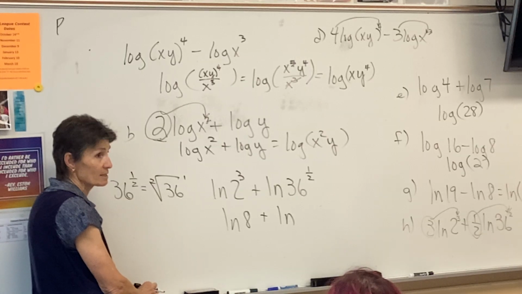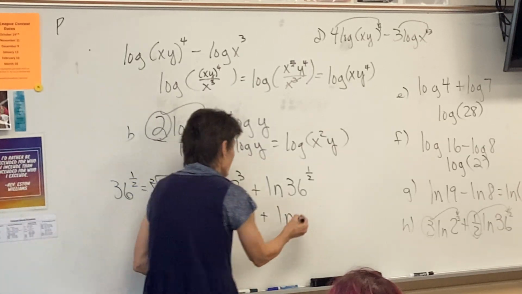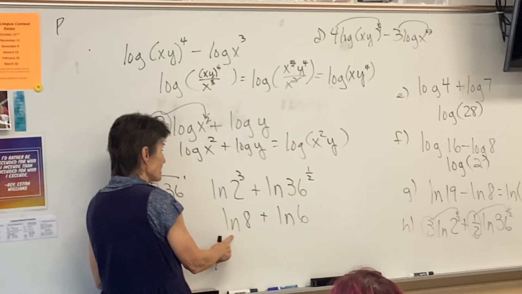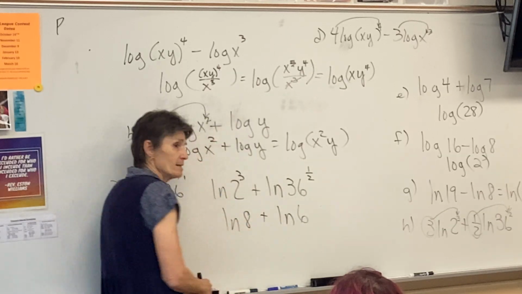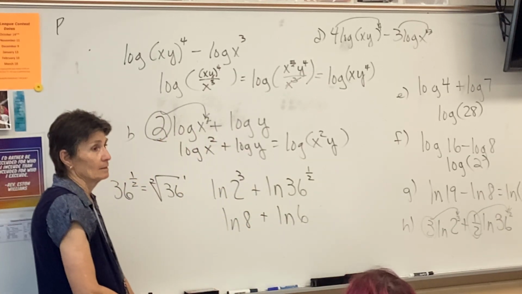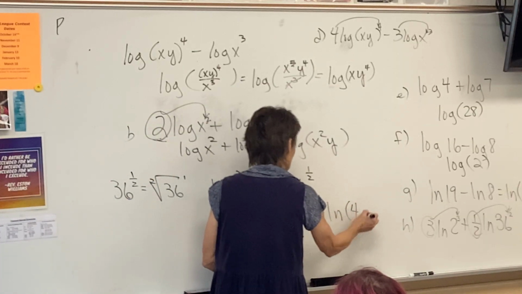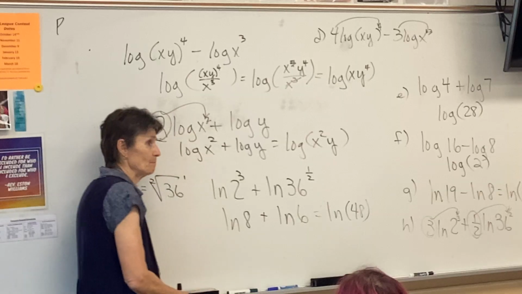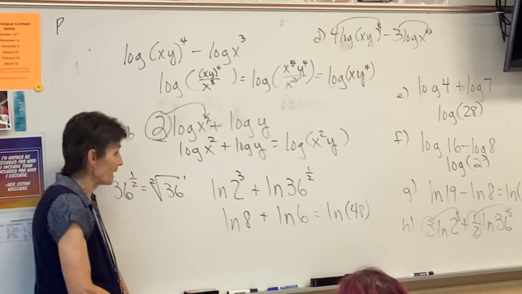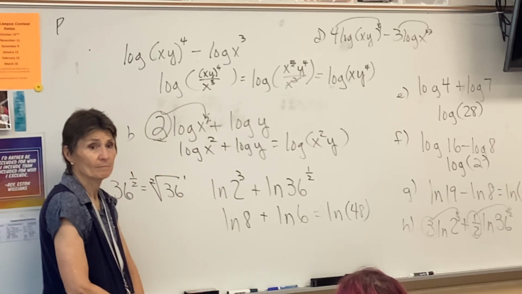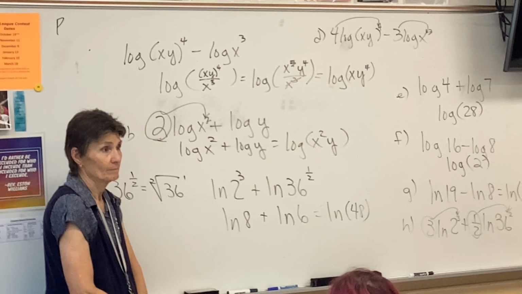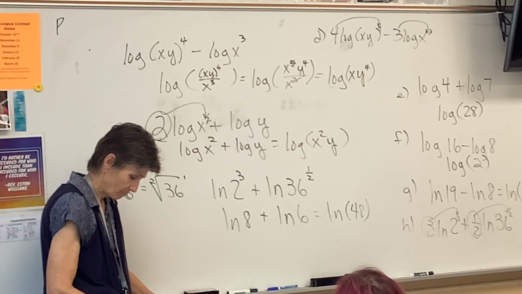So that's just 6. So I have ln 8 plus ln 6. I'm gonna put that together and make it ln 48, 8 times 6. Right?